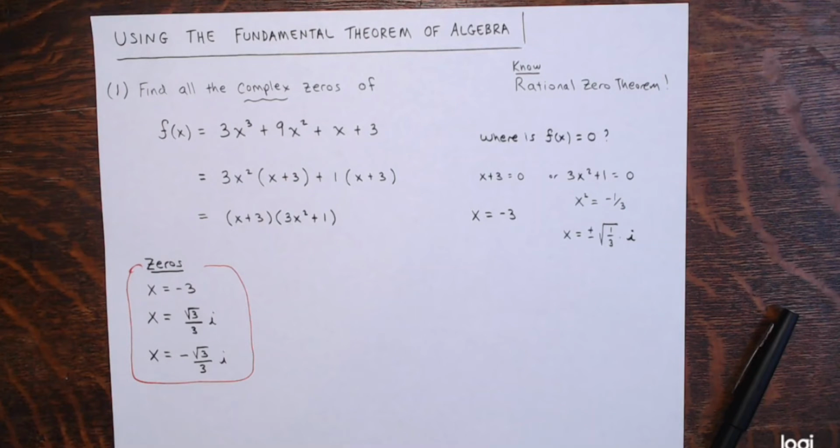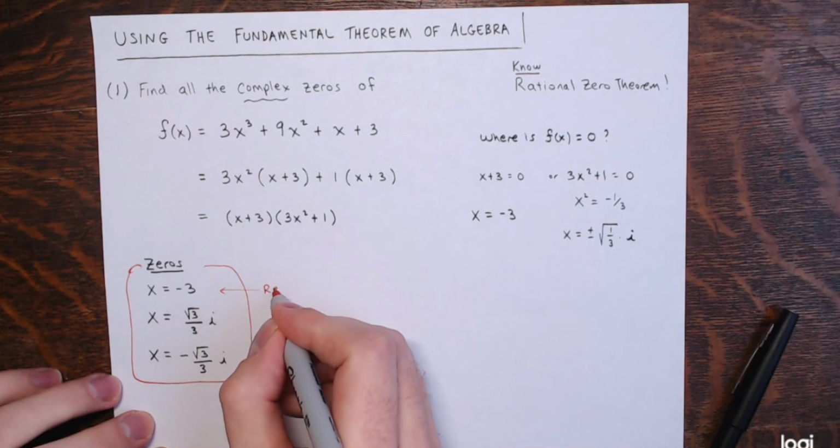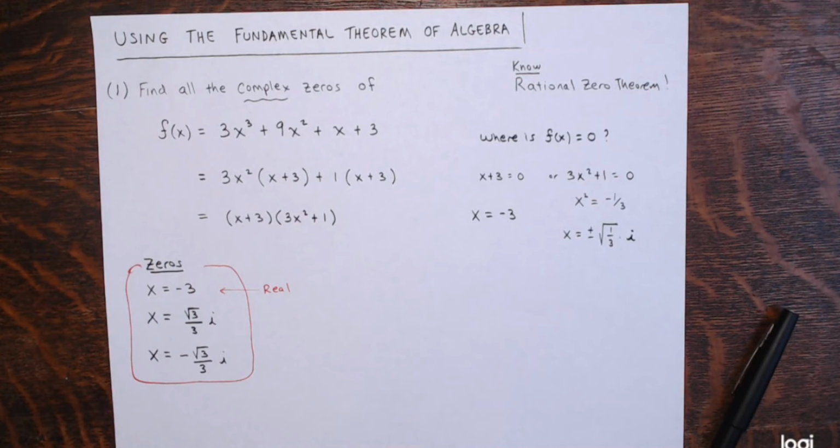Now, because there's only one real one, x equals negative 3, there's only going to be one x-intercept of the graph of this function if you were looking at the graph, right? Because remember, the x-axis is real numbers. So the imaginary zeros aren't going to show up on the graph, unfortunately.